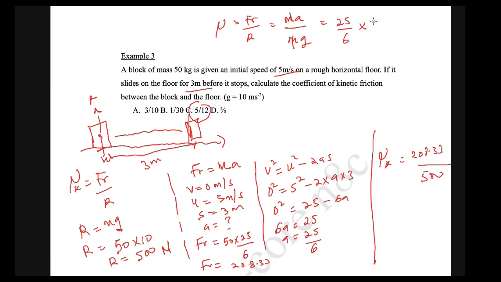Then g is 10, so multiply by 1 over 10. That's going to give 25 over 60. 5 in 25 is 5, 5 in 60 is 12, so the answer is going to equal 5 over 12. That is the shortest way to solve it. I just had to explain this to you so that you can understand why frictional force is ma, and you can get it better.